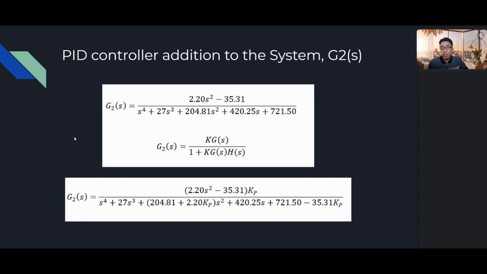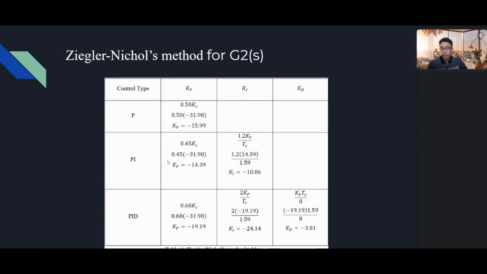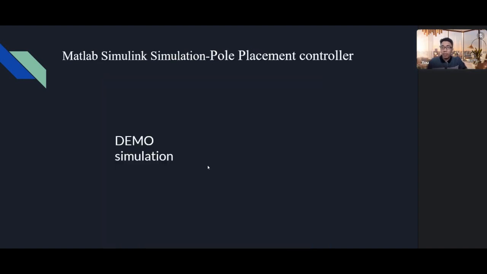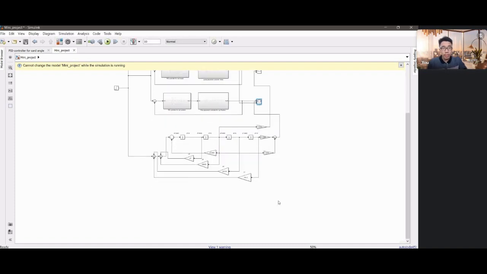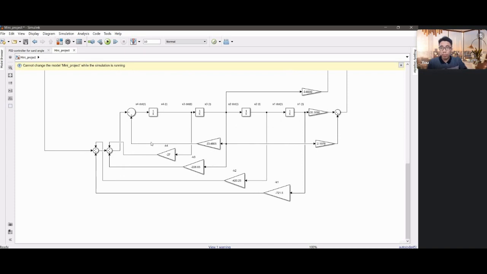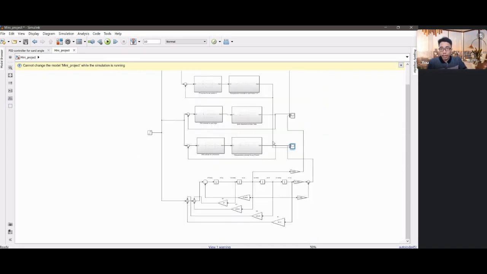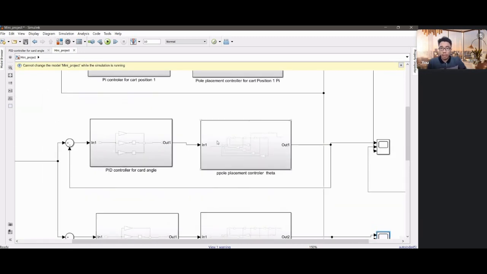So for the second output, we do the same closed loop, and then we finally do the table. Then for the demo simulation, for the simulation, this is our pole placement controller, and then the pole placement for displacement position and angle position.